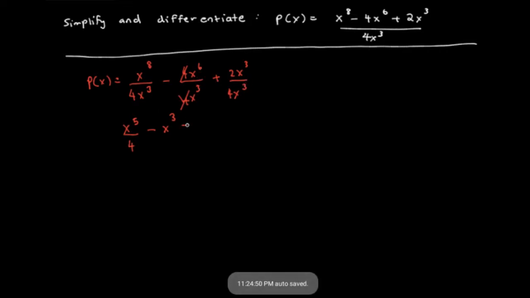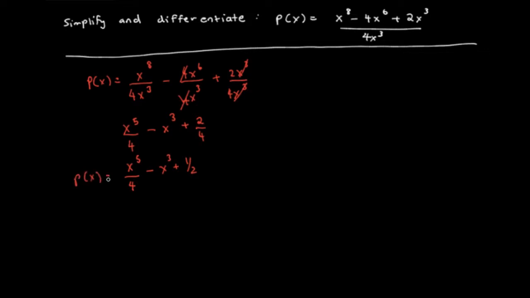And then you do the same thing here, plus 2 over 4, x to the power 3 divided by x to the power 3, cancels out. And now you're left with x to the power 5 over 4, or 1/4 times x to the power 5, minus x to the power 3, plus 1/2. And this is what your function p of x looks like, right?